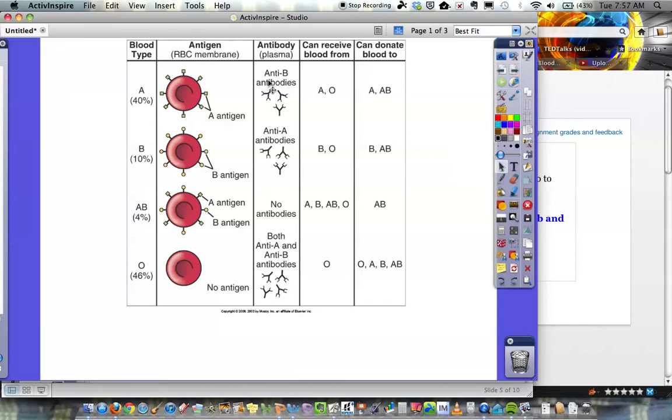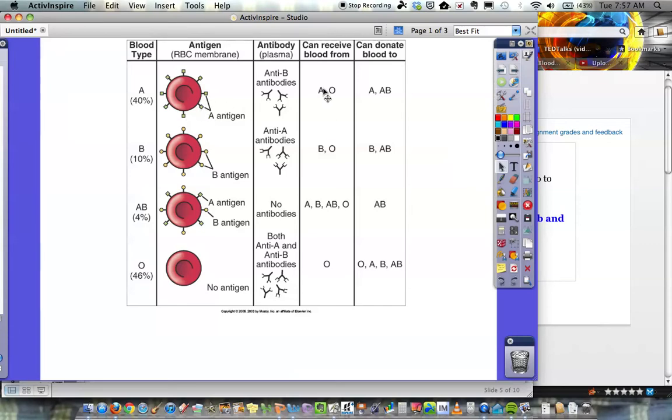And notice that its B antibodies in the plasma have sort of a little half circle shape. So it can't attach to itself, which is good because it won't fight itself. But if type B blood were ever introduced, having these little circle shapes, the B antibodies here would match the donated blood, which does not belong in a person who has type A blood.